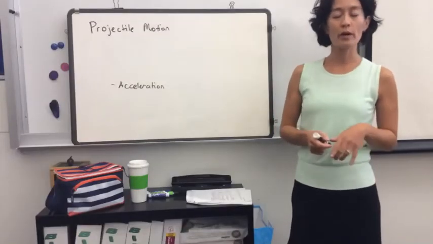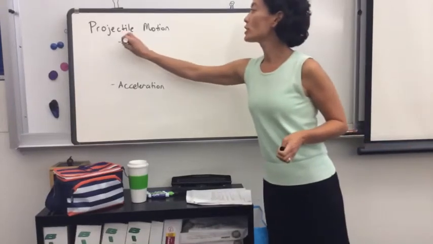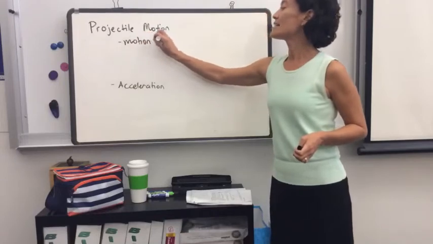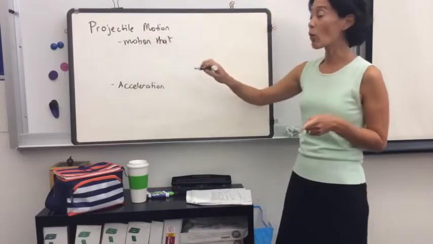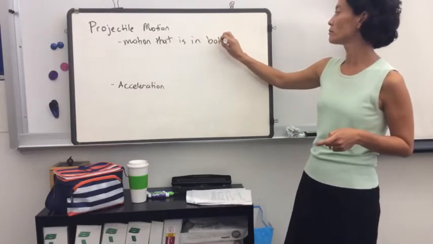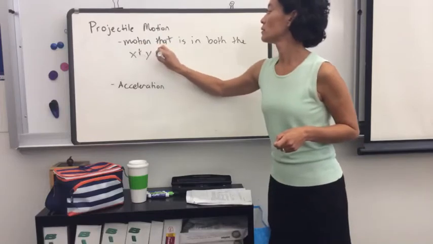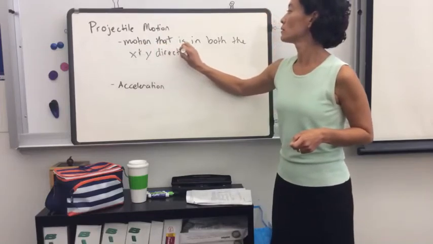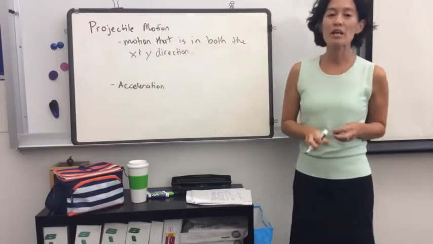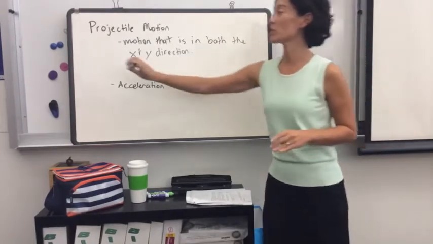So today we're going to talk about projectile motion, and effectively projectile motion is motion that is in both the x and the y direction. A key idea about projectile motion is that the x and y motion are independent of each other.